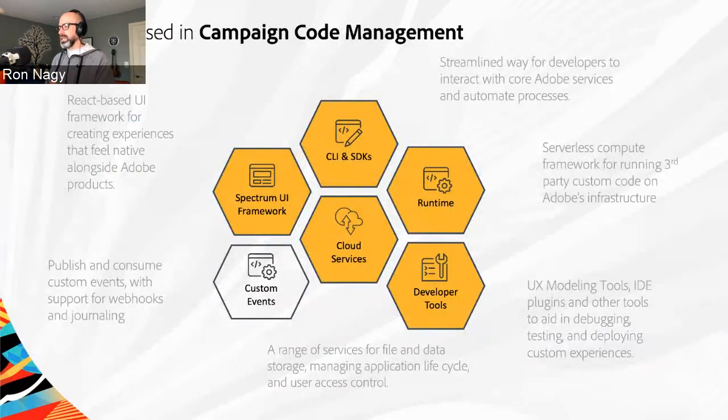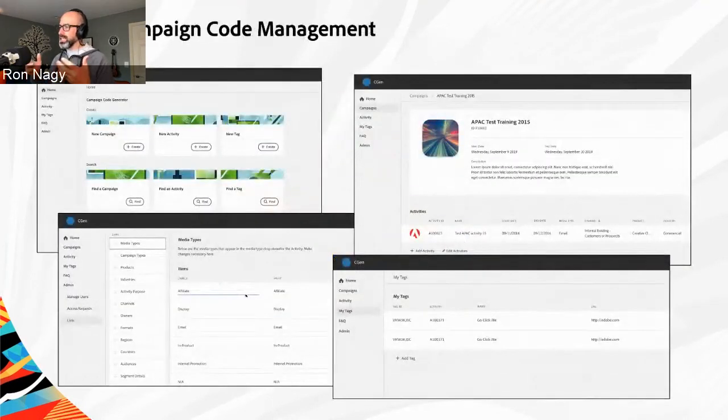So this makes fantastic use of the Spectrum UI framework, because we'll go back for a second. This looks, I mean, it really looks like you're in an Adobe application, like you're in Analytics or Campaign or something. It feels the same. It has the same interaction model because you're using React Spectrum. All of these components are the exact same used in our product.